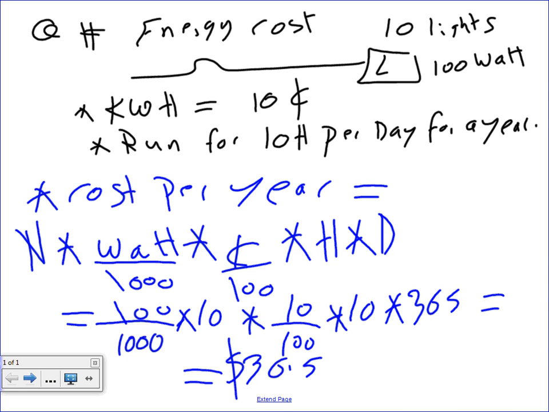Are you guys okay? 1,000, so that will be 0.1 times 10 times 0.1 times 10 times 365. That's $36.5, right? Everybody came up with $36.5, or almost $37 a year.